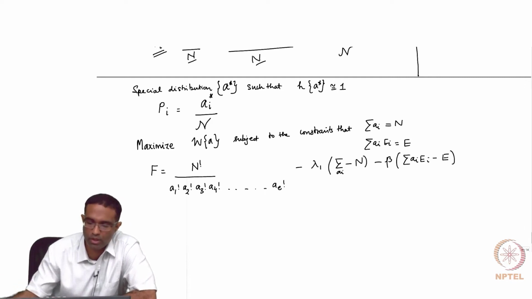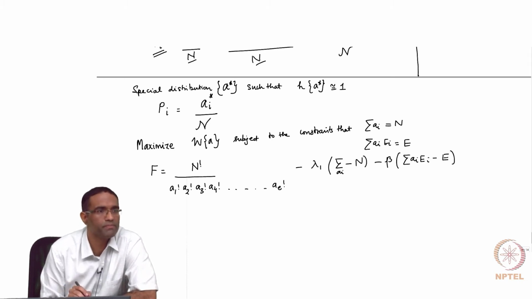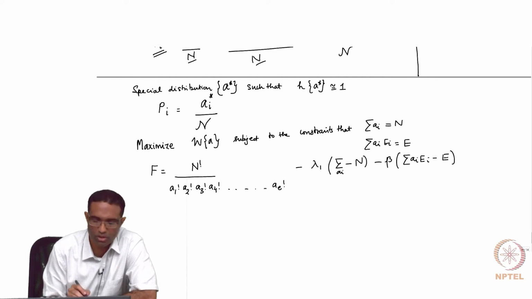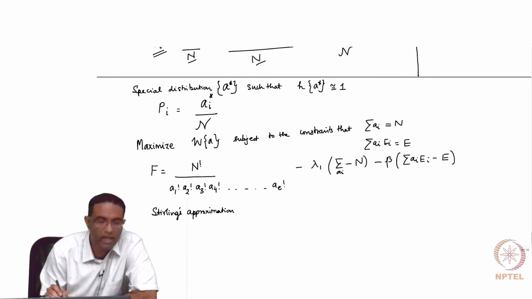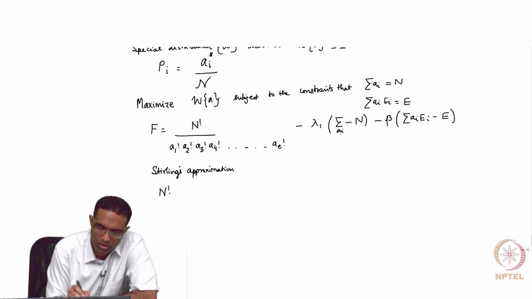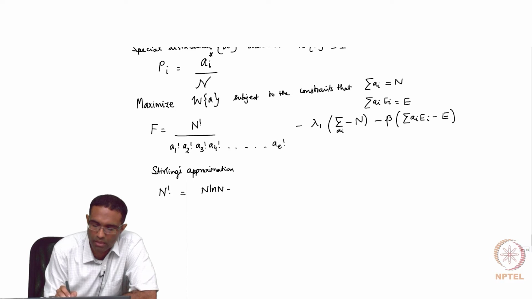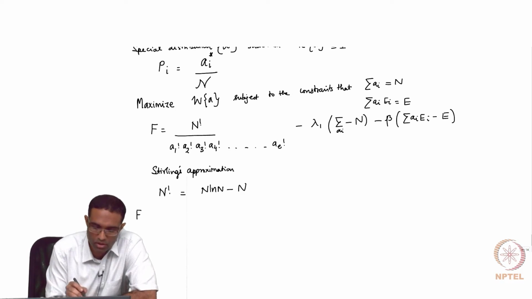Now the whole problem is that when you are trying to maximize things with factorials, it becomes a problem, unless you use what is referred to as Stirling's approximation. So we use Stirling's approximation, which is excellent when the value of n is very, very large, right. In Stirling's approximation, ln n factorial is nothing but n ln n minus n, right. So let us rewrite this based on Stirling's approximation.